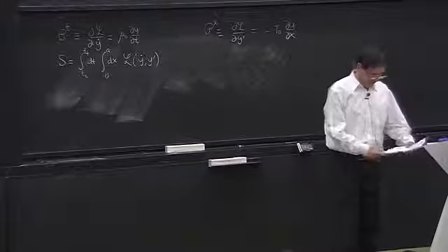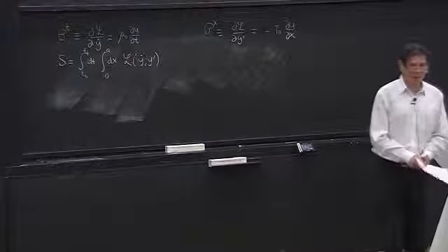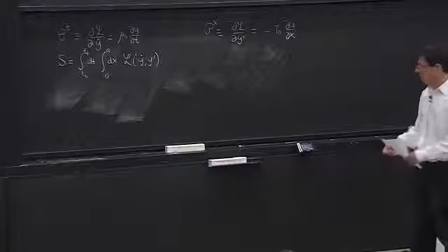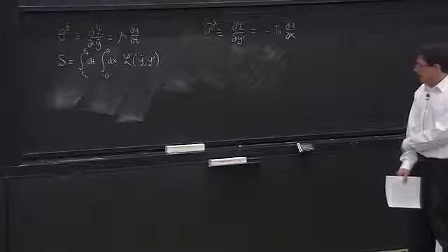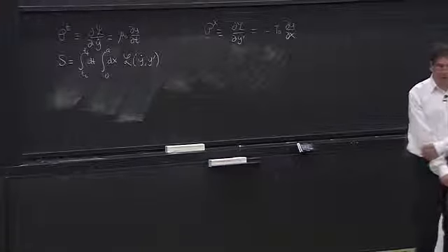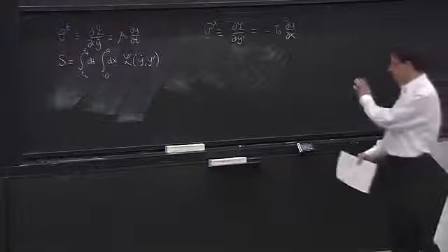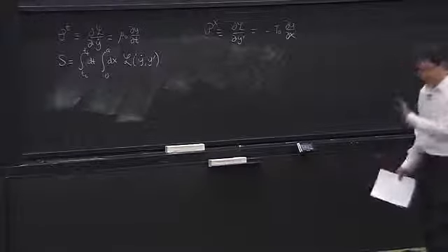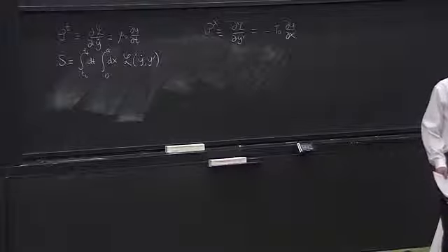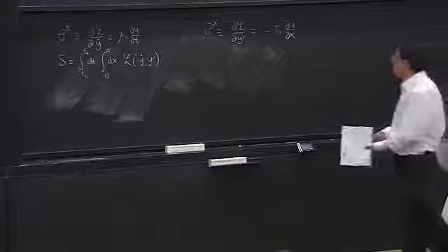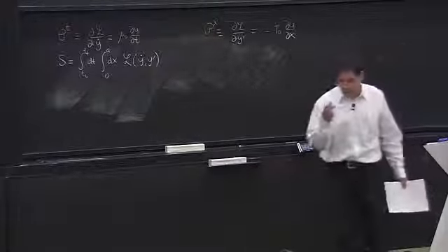And now comes the variation. We have to vary to get the equations of motion. This is not hard, but again, it has to be done with some care, and you have to look at some very important points. So first of all, you have to decide what you are varying.